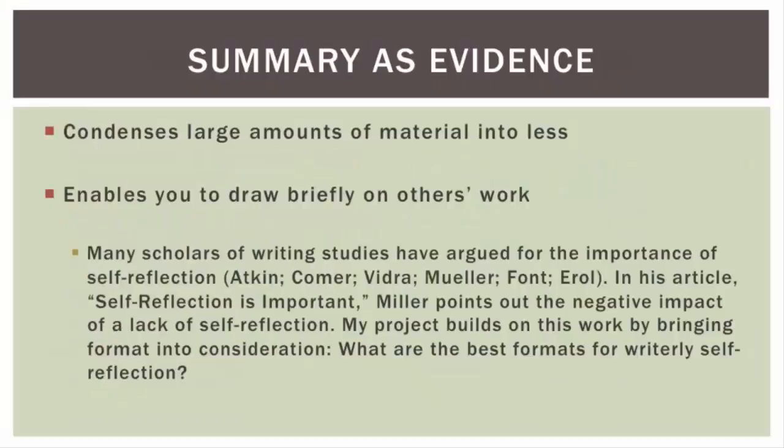Summary as evidence. Again, it condenses large amounts of material and enables you to draw really briefly on others' work, and this helps you move forward. So here's an example. Many scholars of writing studies have argued for the importance of self-reflection, and this would be a list of all of these scholars who have done this work. And so your readers could then very quickly go to your works cited or your references, bibliography, and look up all of this scholarship.